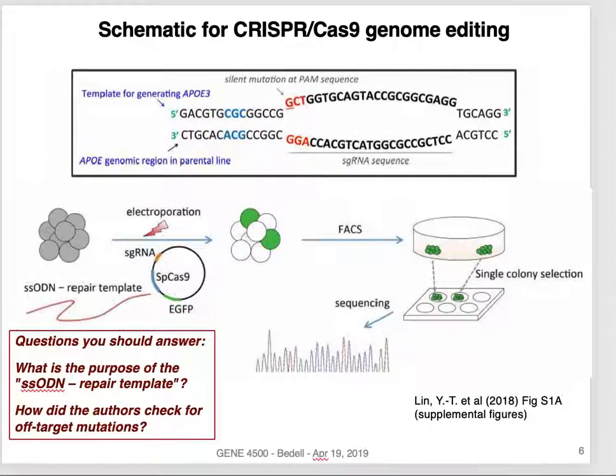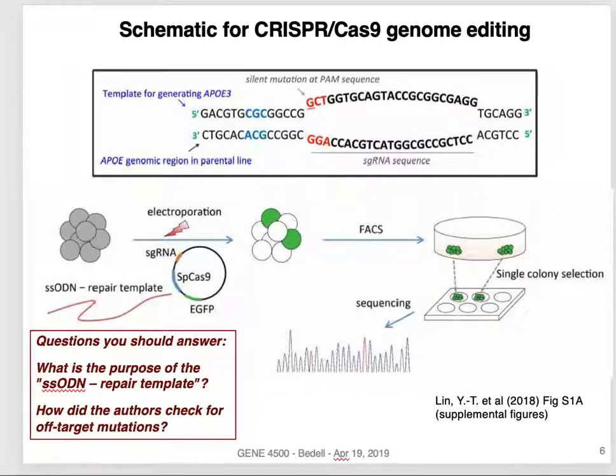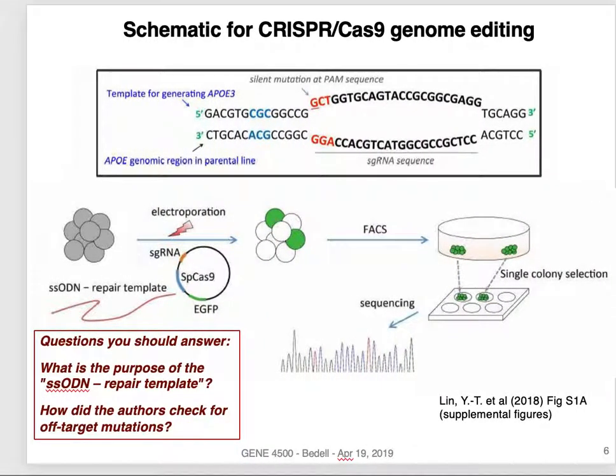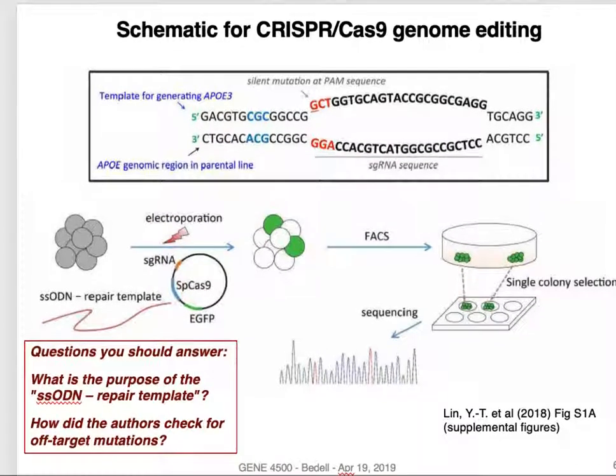Now, I would say this is just a first step towards that, being able to take isogenic cells, right? Everybody know what isogenic is, right?